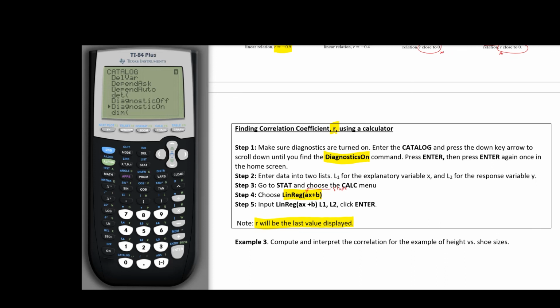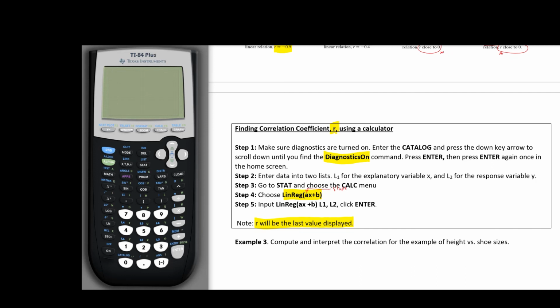So I'm just going to press enter there. It's going to bring it back to the home screen, and then press enter again, and it should say done. Yep. And from there, I do have data in our calculator, which was the data from the height and the shoes example.